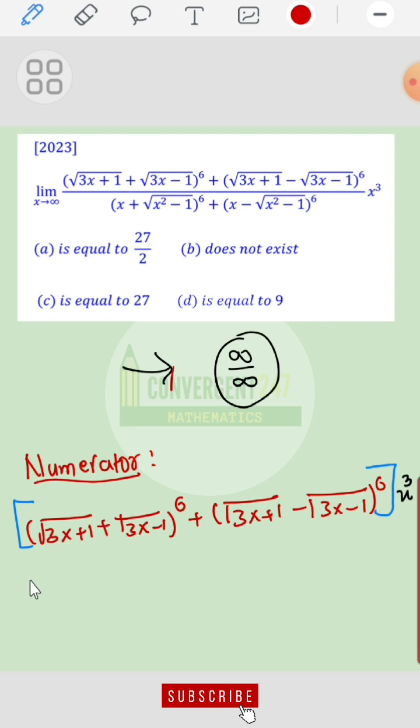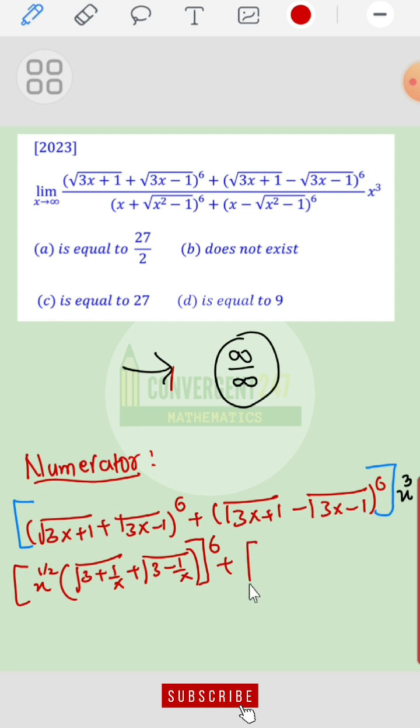So at the last, x to the power 1 by 2 common, we are left with root of 3 plus 1 upon x, 3 minus 1 upon x, whole to the power 6.